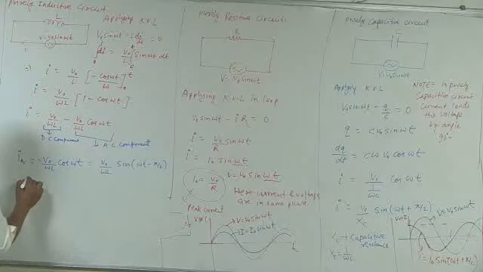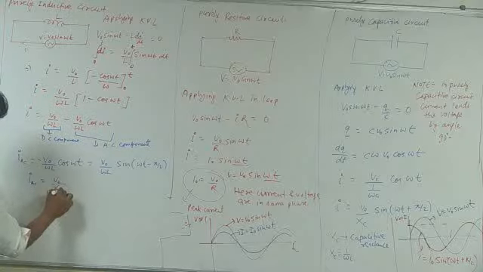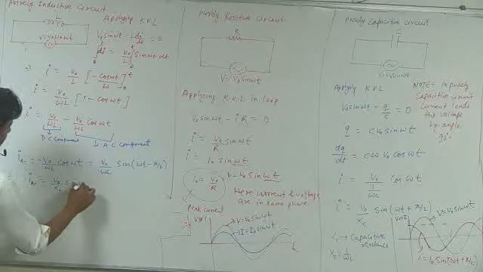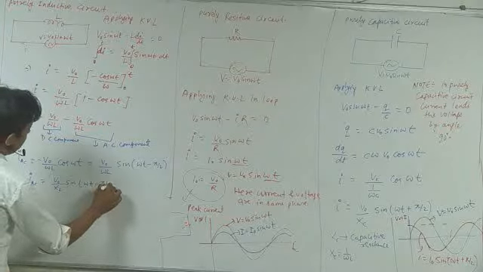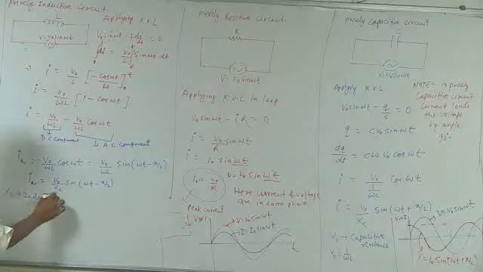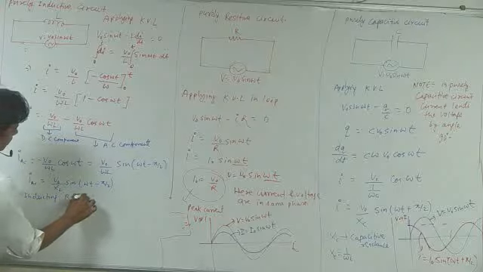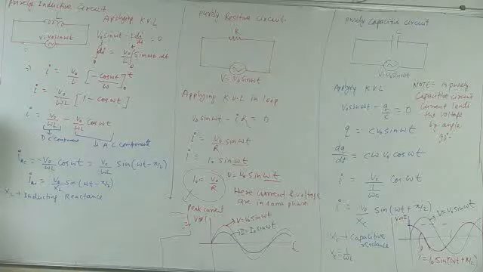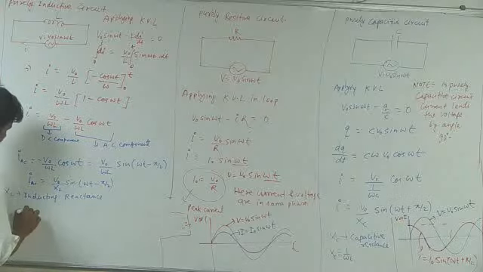Now here you will see I AC is V naught by omega L, which is what? XL sine of omega t minus pi by 2. What is XL here? Inductive reactance. Yes or no? XL equals how much?